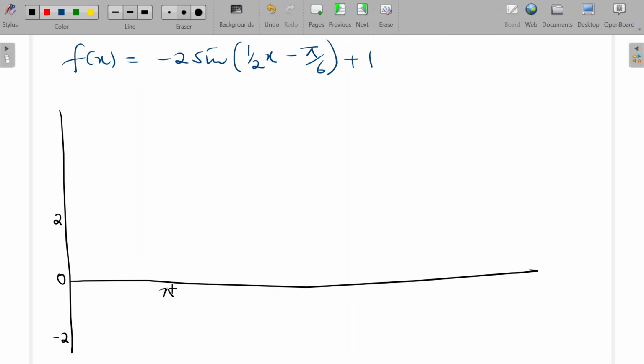So we have pi as our first one, 2 pi as our second one, 3 pi as our third one, and we have 4 pi, until a complete cycle is made. Don't forget that.